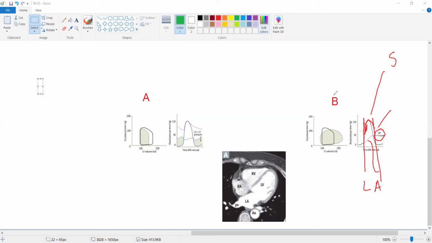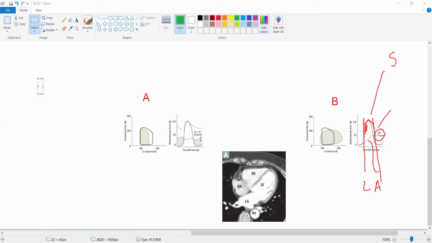Now I have a question. The tall V wave is because of the regurgitant effect. So a percentage of the blood in the left ventricle during contraction is going back into the left atrium, because the mitral valve is incompetent and does not close completely during the systole of the left ventricle.